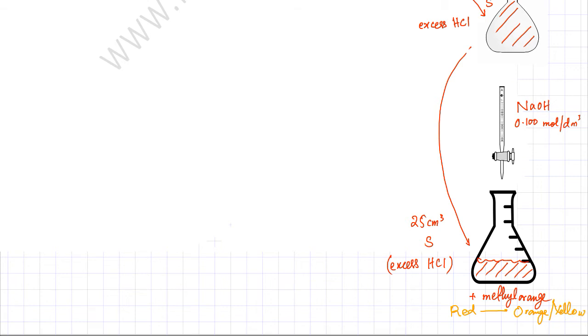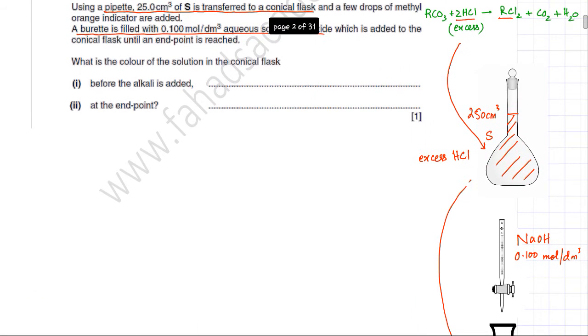So that would be the color change before and after the alkali has been added. So we're going to write that down. Before the alkali is added, it's going to be red in color. Once all the acid has been neutralized and alkali goes in excess, it's going to turn orange yellow. That would indicate that we are now adding too much alkali, so we need to stop the titration.